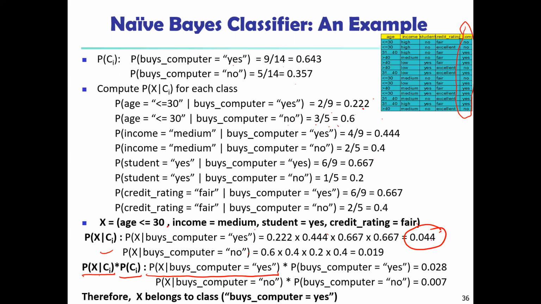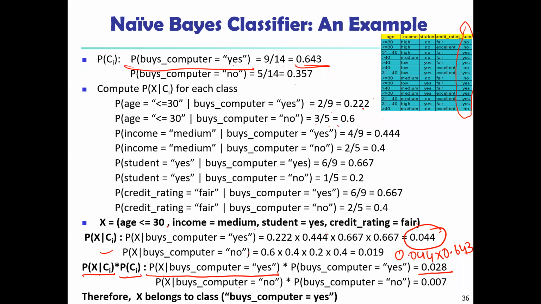Then what is the probability of class yes? The probability of class yes is 0.643. Multiply both: 0.044 into 0.643. We get 0.028.